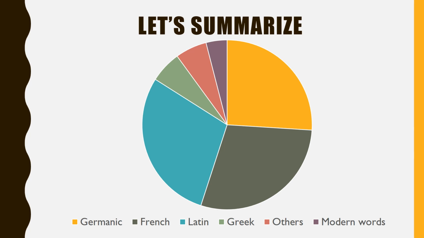So you see Germanic in yellow, French in gray or black, Latin in blue, Greek in green, others in red, and modern words in purple. Now, what do I mean by modern words? We are going to learn about it, and like that we finish.